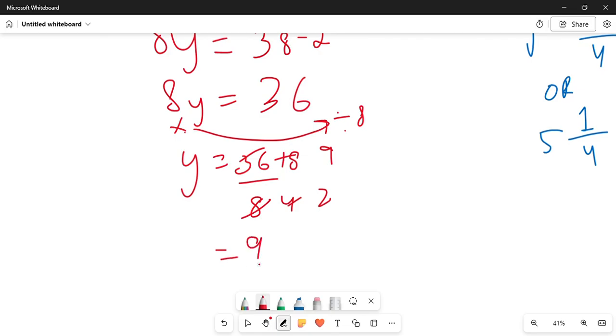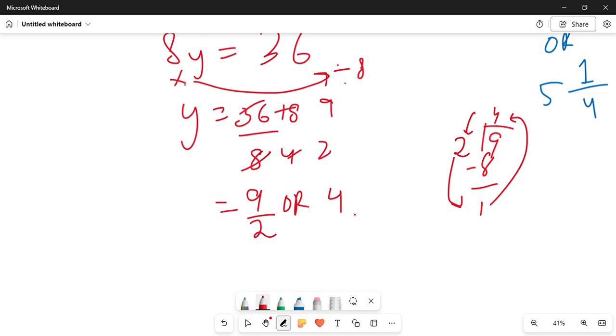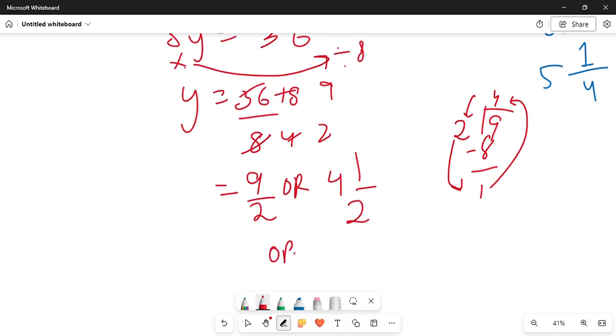We get 9 by 2 here, and 2 fours are 8, get 1 here. Again, this moves up, this comes here, this comes down, so this will be 4 whole 1 by 2, or in decimal form, it will be 4.5.